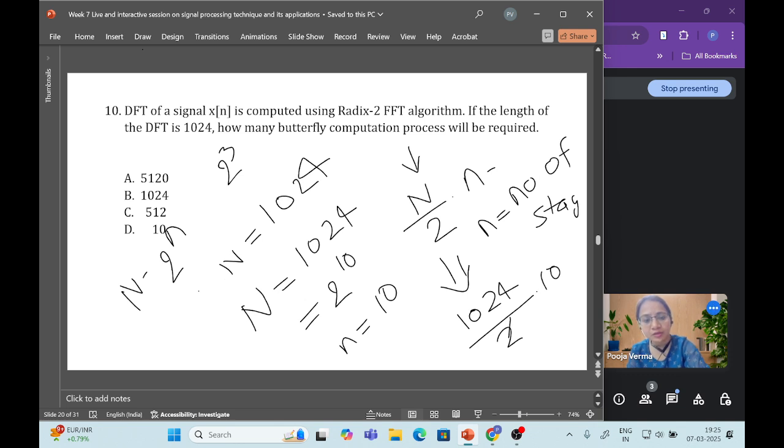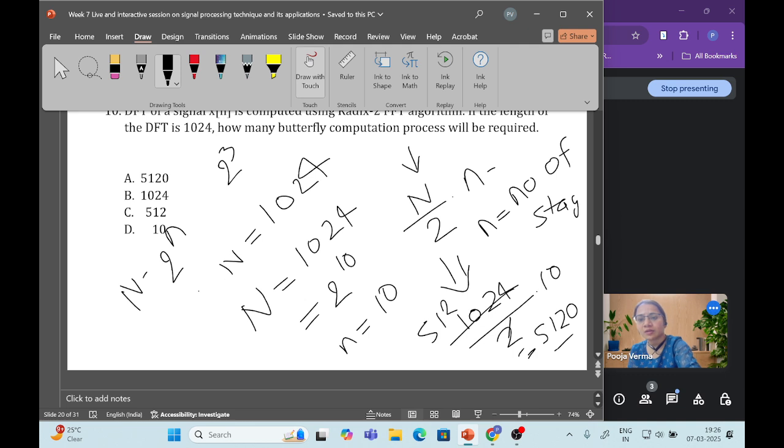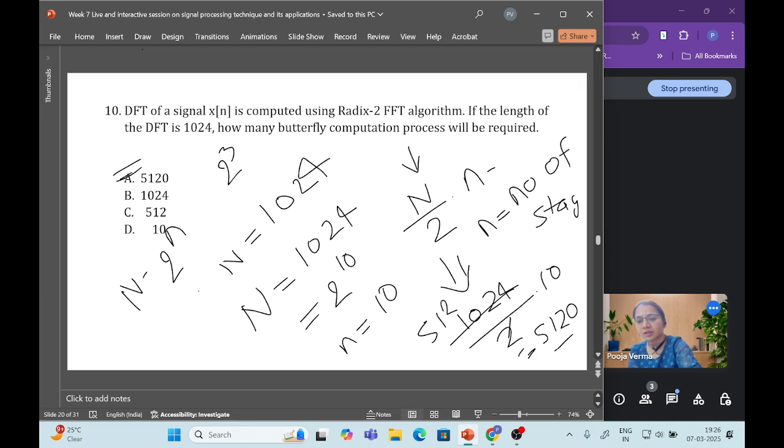If you further do that, you will get 512 into 10. So finally you will get 5120. So the number of butterfly computations required is 5120. Option A is the correct answer for this question.